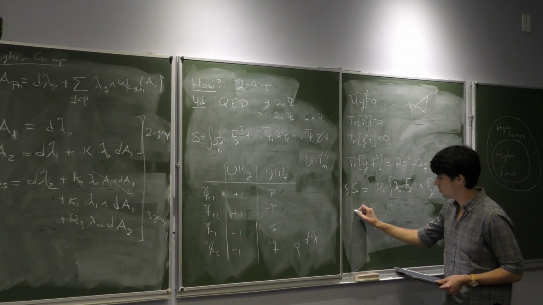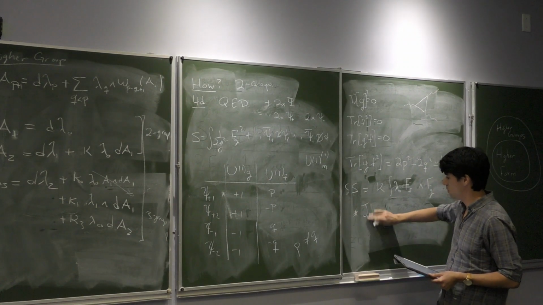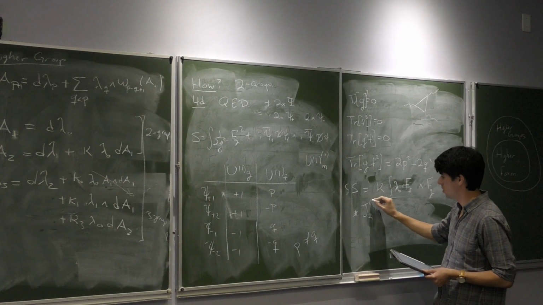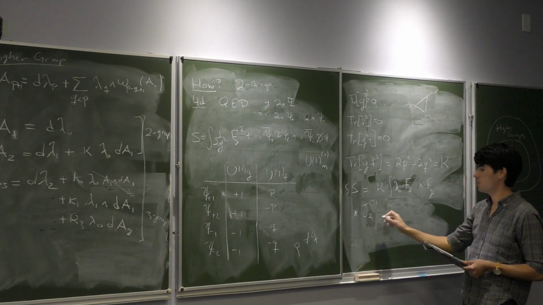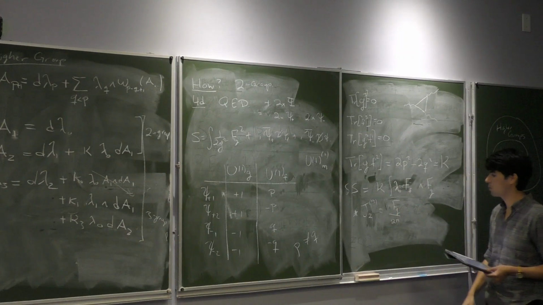And so if you recall from one of the earlier lectures, the conserved current for the magnetic symmetry is the field strength, the dynamical field strength.